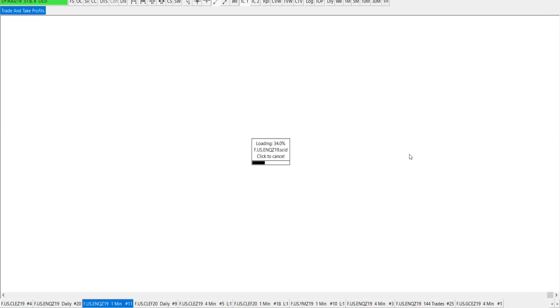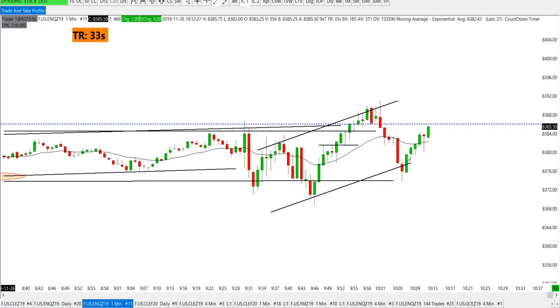I'm trying to get in the move right now. I didn't want to force it on this trade right here. I was hoping they would give me a pullback. That pullback right here was okay, but I want a better pullback than that.